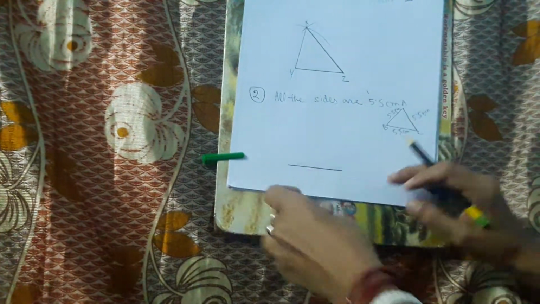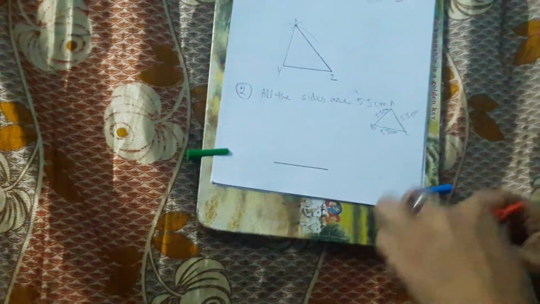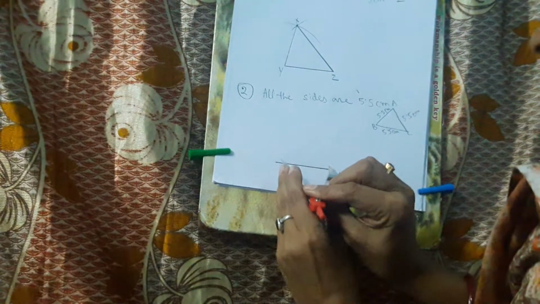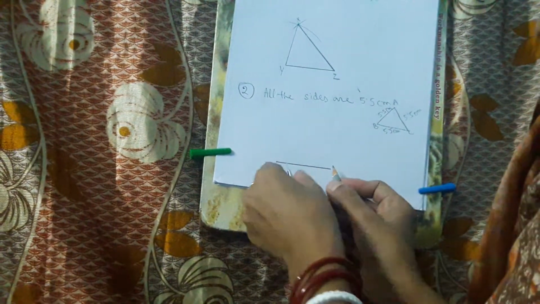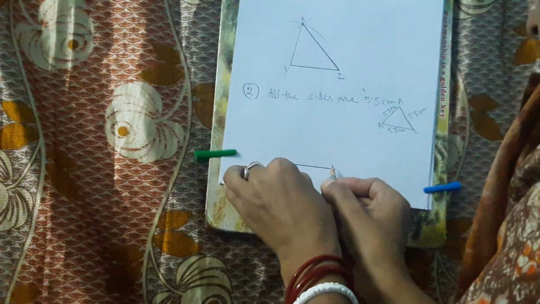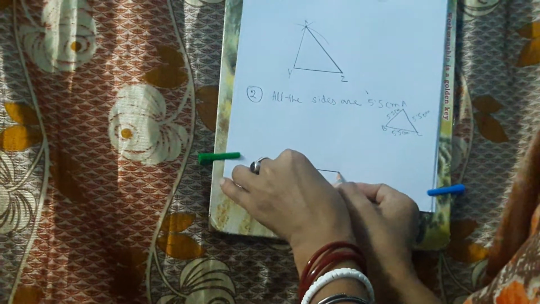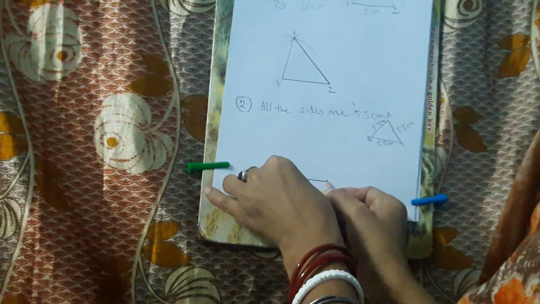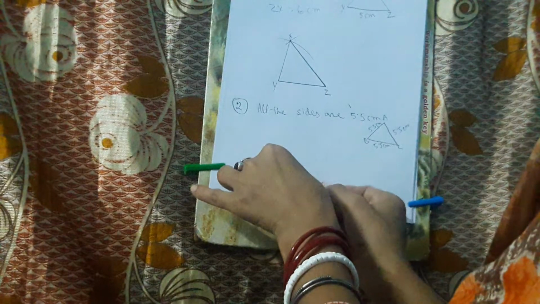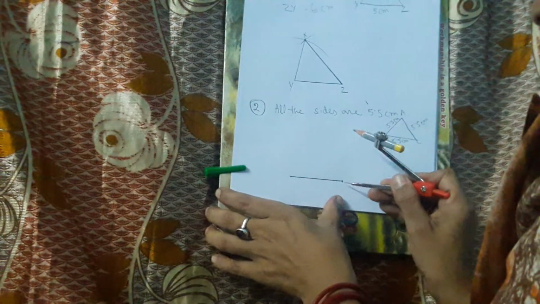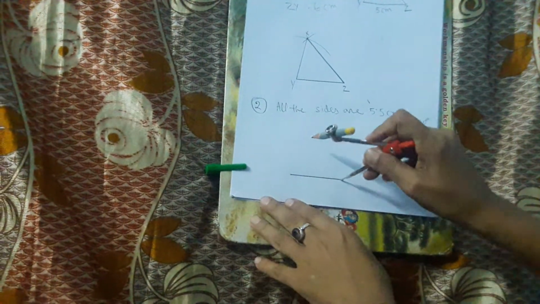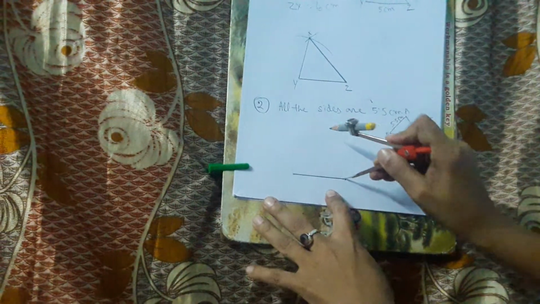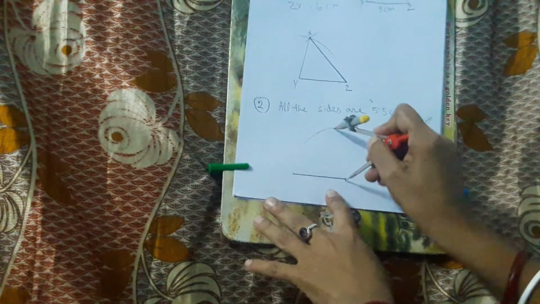Yes, got it. Now I will measure the same. Set your compass to get the measure of 5.5 centimeter. Already I have drawn this side. Yes, I have got it. Now what is my second step? Now from both ends of this baseline I will draw an arc with the same length.